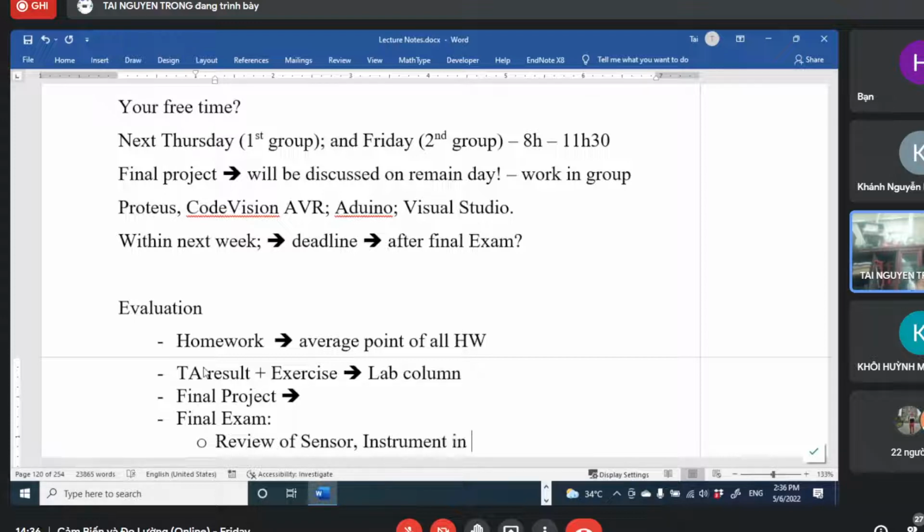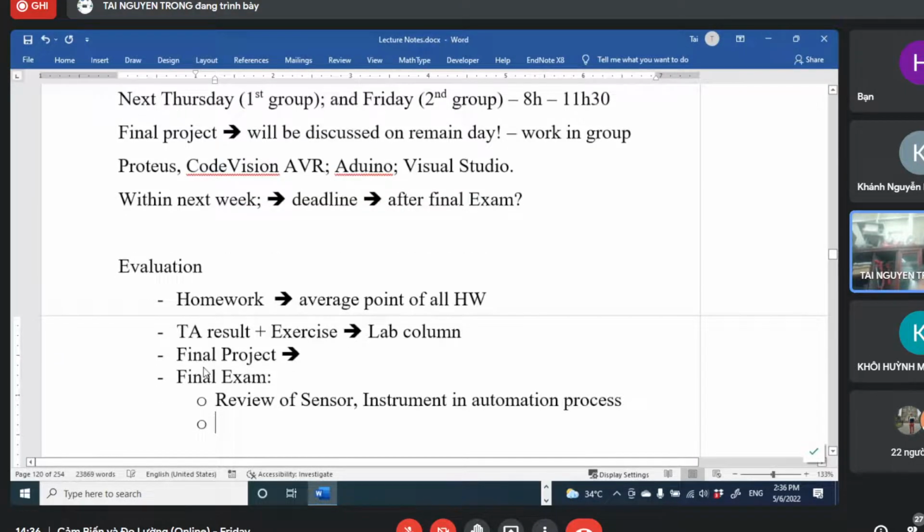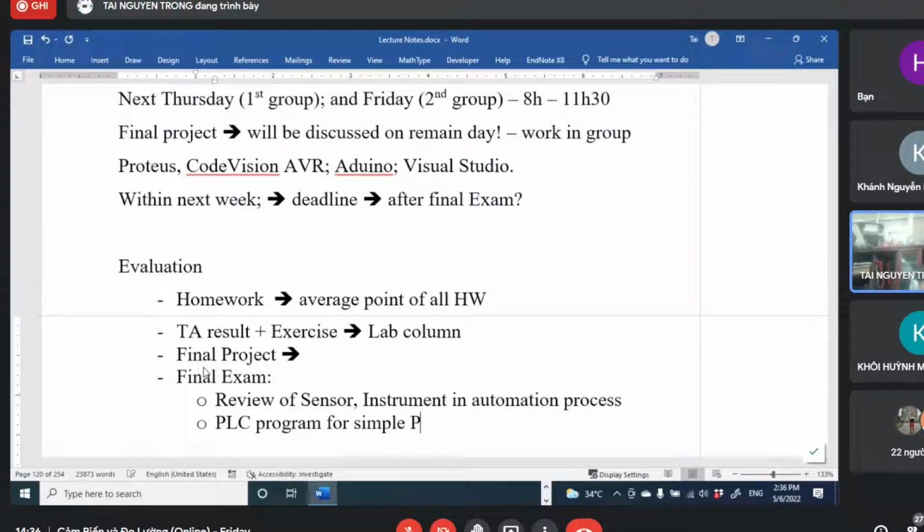Instrument is automation, and I will add some PLC programming, some symbols.